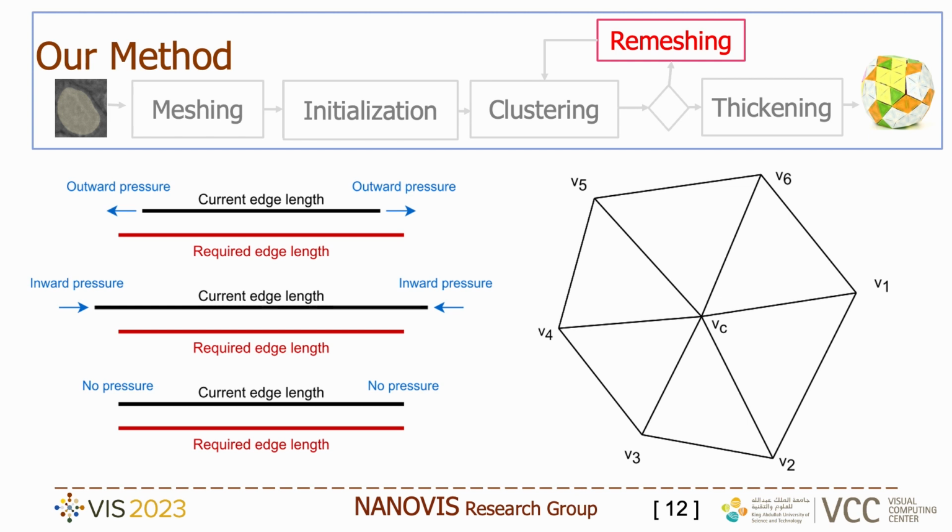The pressures from each edge can either be inward or outward depending on whether the required edge length is longer or shorter than the current edge length. Then we calculate the average pressures on each vertex to find its new position, and the vertex is translated to the new position if it doesn't destroy the input geometry. In this way, the remeshing and clustering are applied iteratively till we reach the desired number of k classes of triangles.